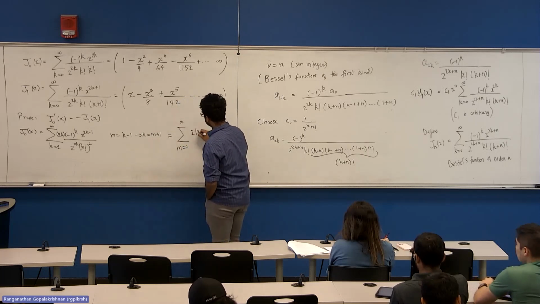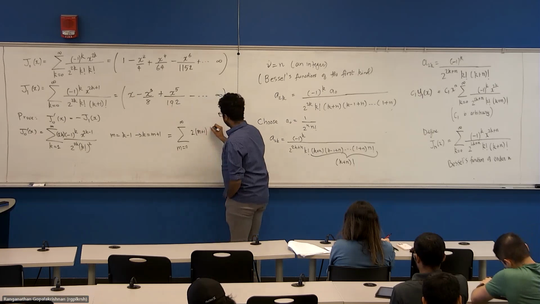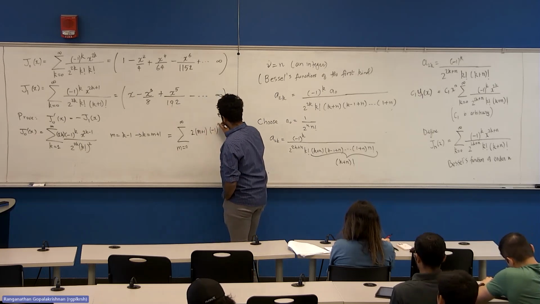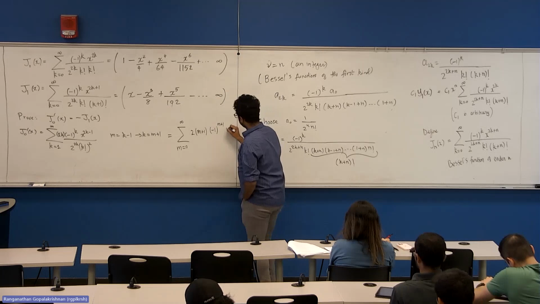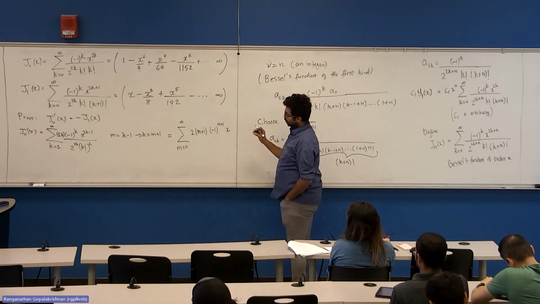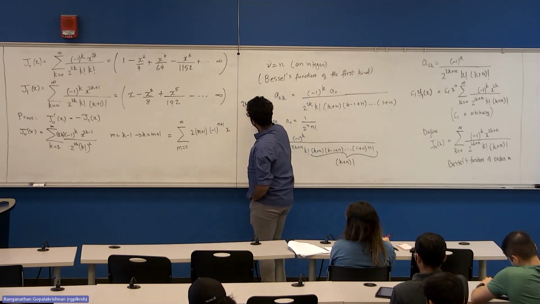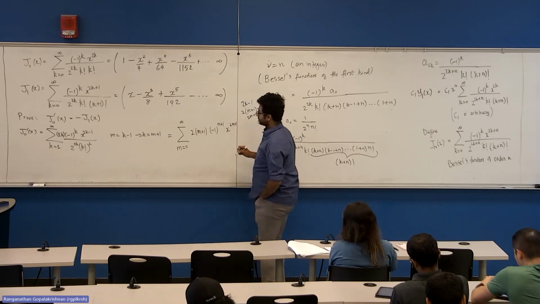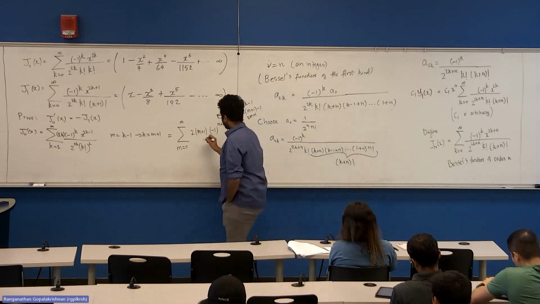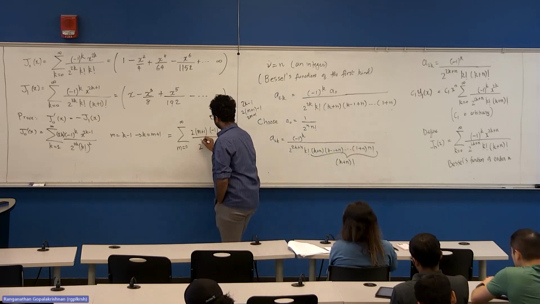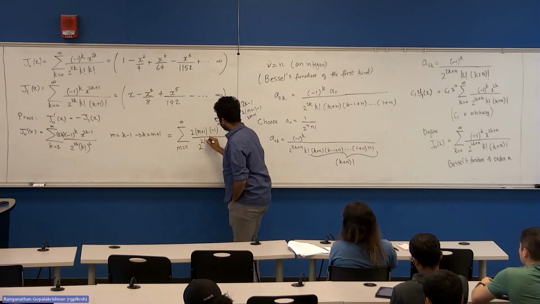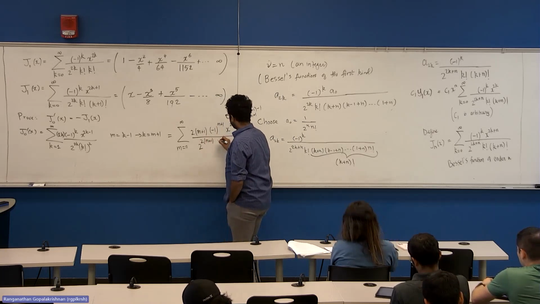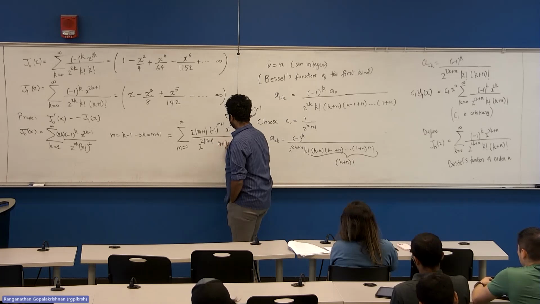I have 2 times m plus 1, minus 1 power m plus 1, and then x power 2 times m plus 1 minus 1, which is 2m plus 1, divided by 2 power 2 times m plus 1, multiplied by m plus 1 factorial squared.